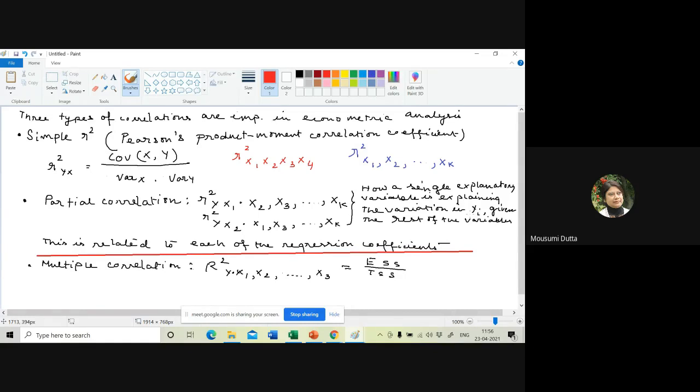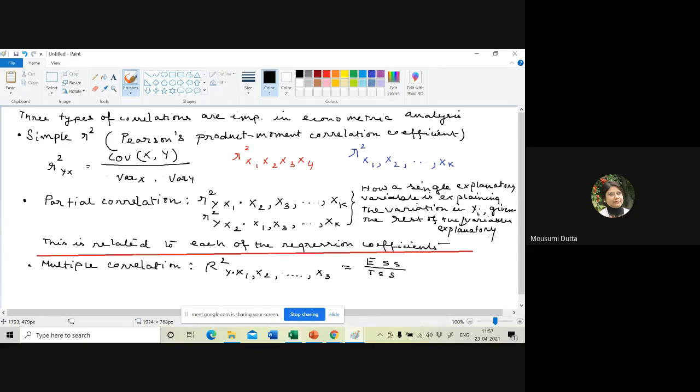So how a single explanatory variable is explaining the variation in the dependent variable yi, given the rest of the explanatory variables. Better to write here, given the rest of the explanatory variables.